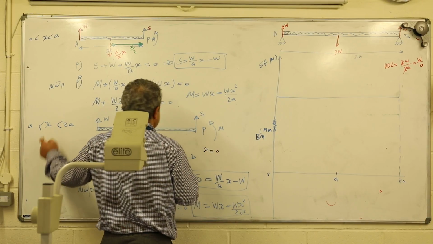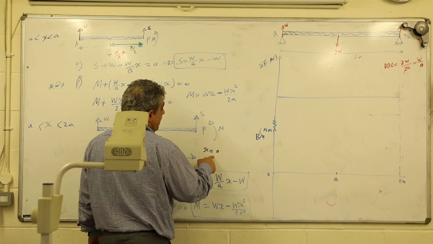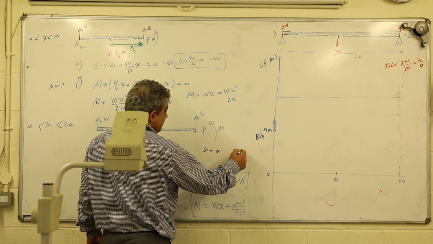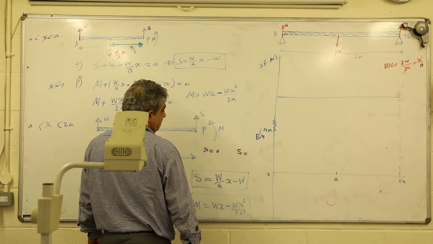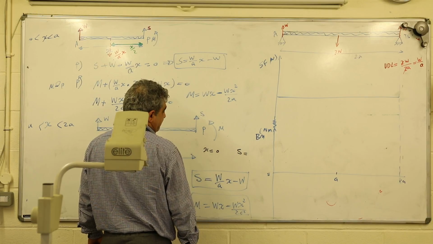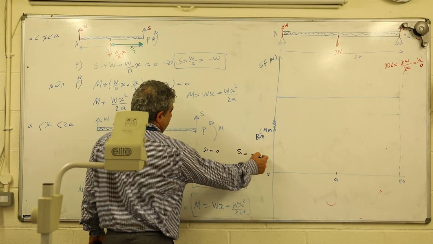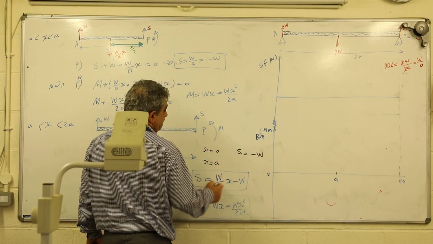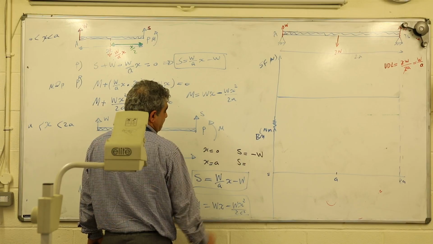We can say from 0. From x is equal to 0, what would be S? Minus W. When the x is equal to a, S is equal to?